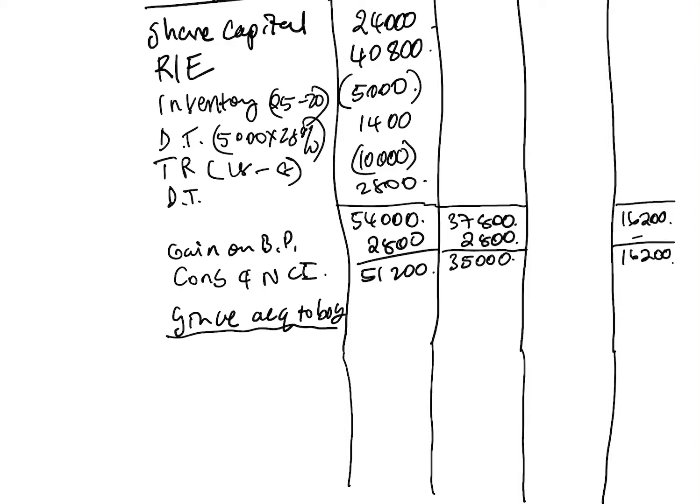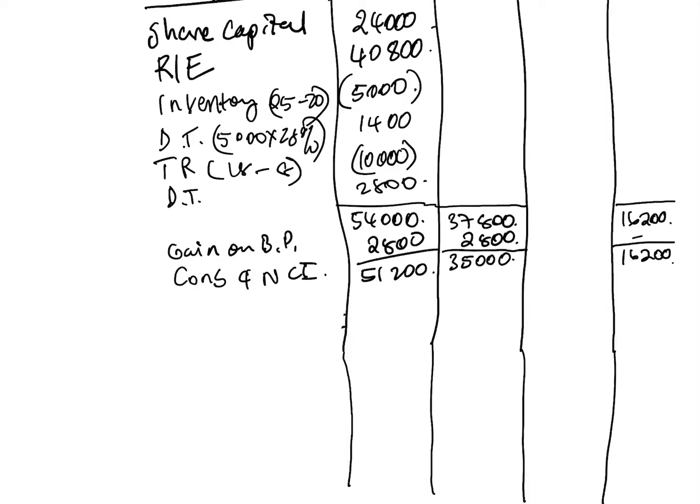Now, since acquisition to beginning of the year, there is no retained earnings. Why? Because this company was acquired on the 1st of January of the current year, so we put nothing there. So we are going to remove since acquisition to beginning of the year, then we put only current year.